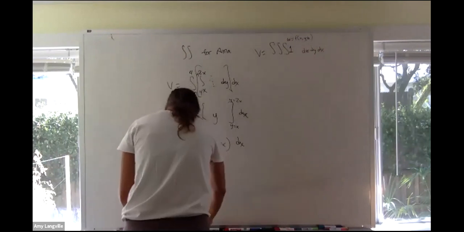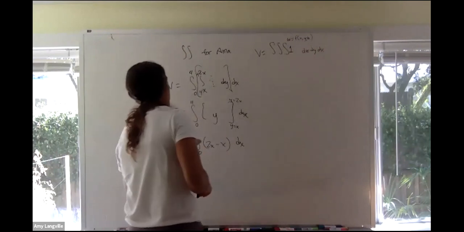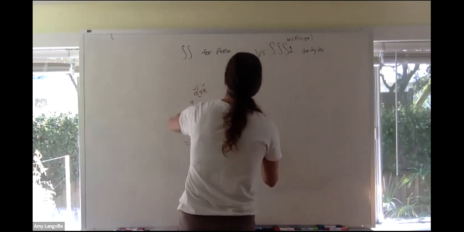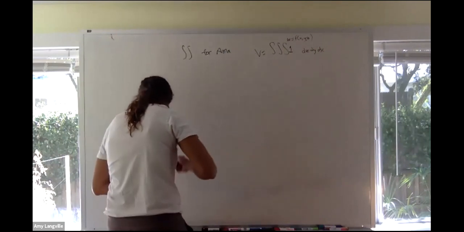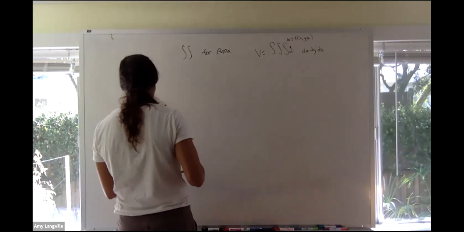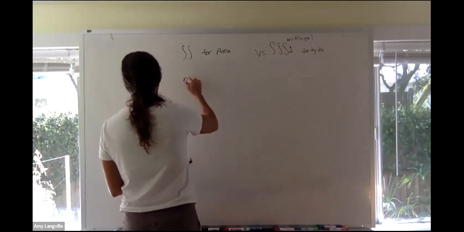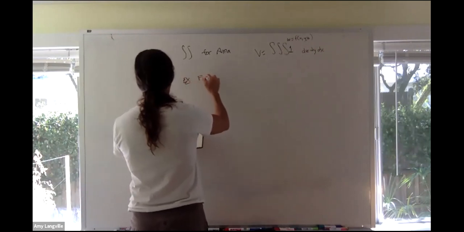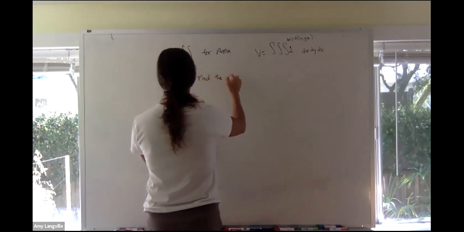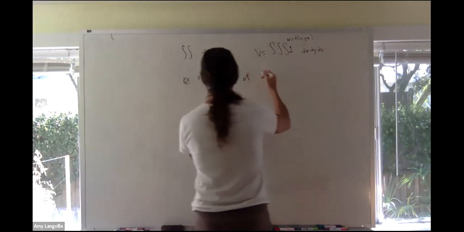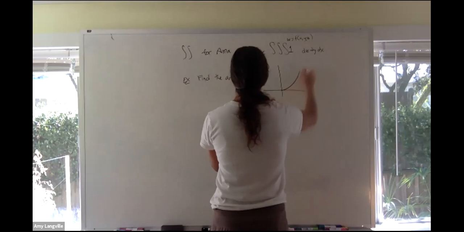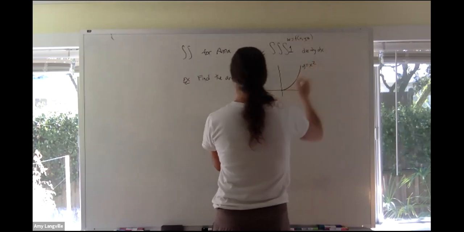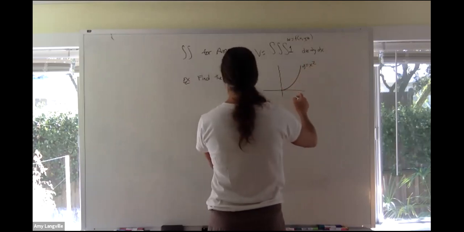Okay, so maybe we'll just work one more problem for this section, otherwise it's pretty short. Suppose they give us a surface that lies between these two functions.